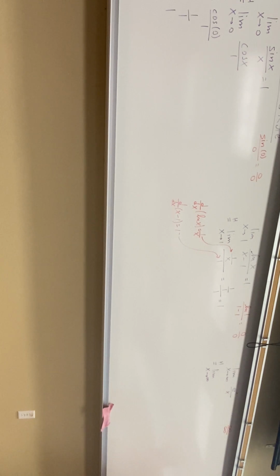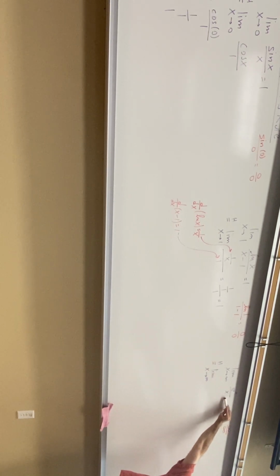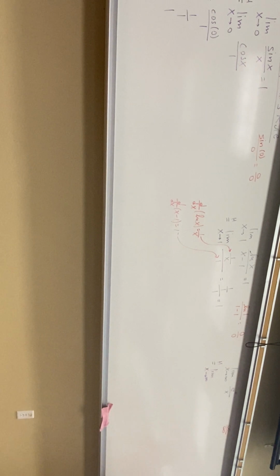Why the bottom though? x is going to infinity, so it's getting bigger and bigger. And the limit never changes, right? Whatever the limit started with, it stays that through the whole problem.